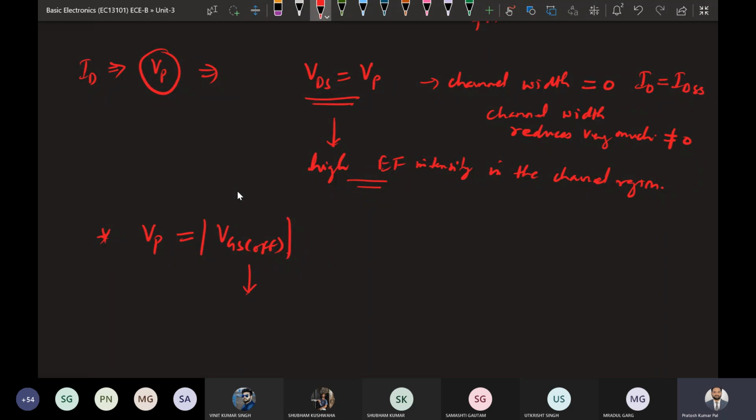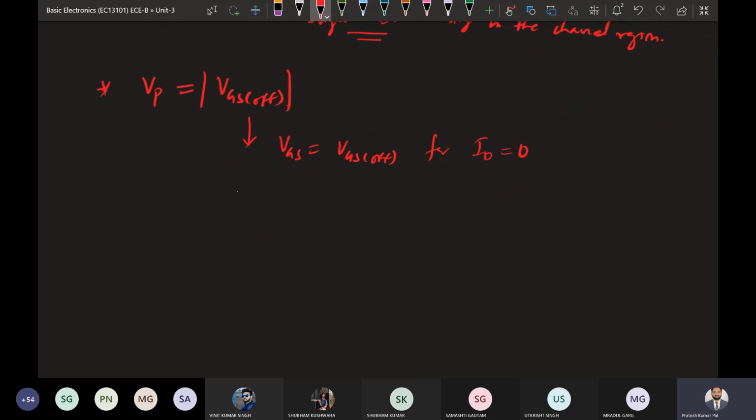For this, the condition is that VGS we are applying is VGS off for ID equal to 0. So this is the relation when VGS off is defined, and VP is the relation when VDS we are applying such that we have ID equal to IDSS. What we frequently say is that VP and VGS off will be of the same magnitude but in opposite direction. Like if VP is positive, then VGS off will be negative.